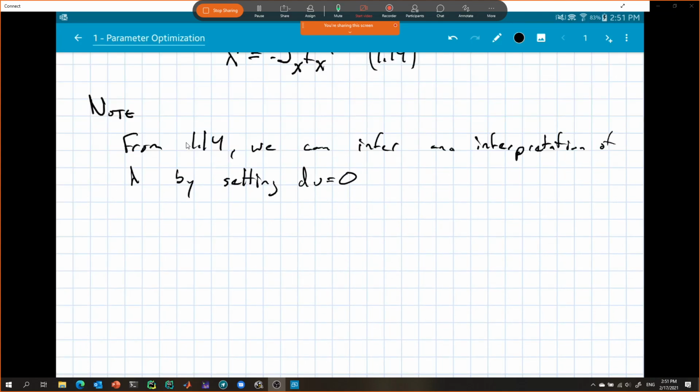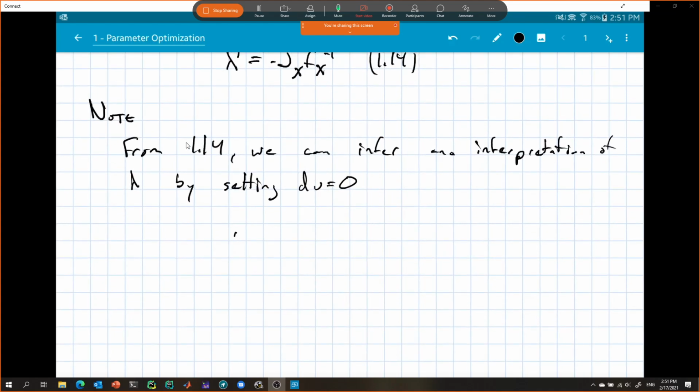So if we take the above and rearrange, basically 1.14 is just rewriting it again, but then you can see that this is the same as dJ/dx times an inverse, and this requires being evaluated at some u.